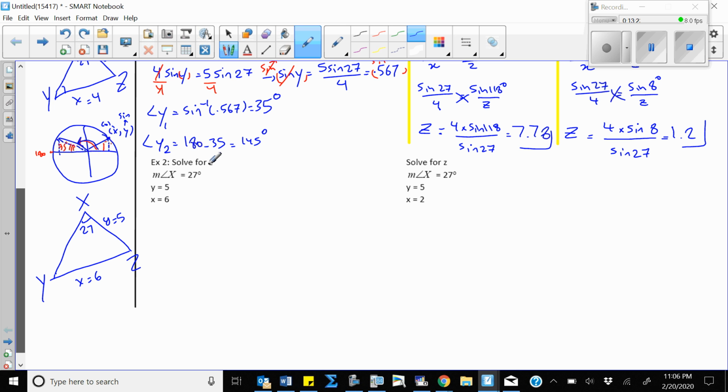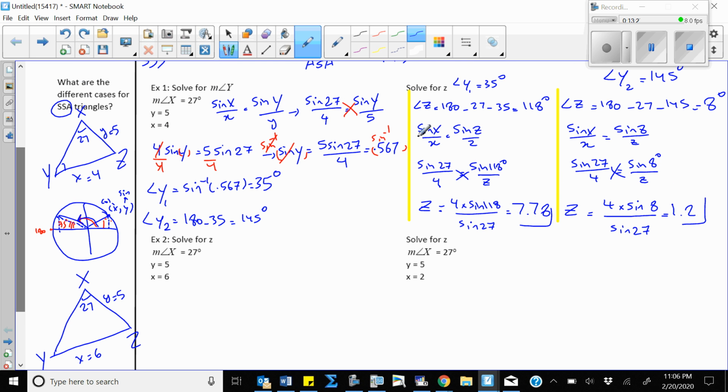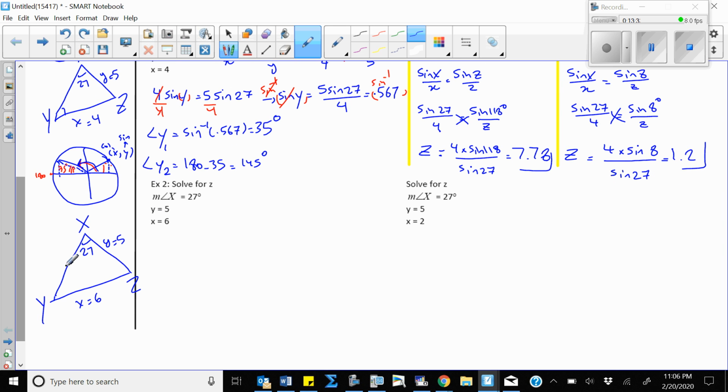Now we want to solve for Z like what we did here, but like here, if I want to solve for this side Z, I have to find angle Y first, because I don't have angle Z. So I have to find angle Y first, then subtract both of these from 180.